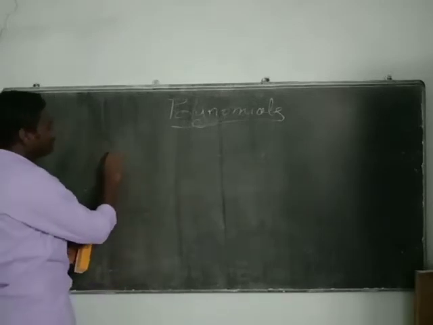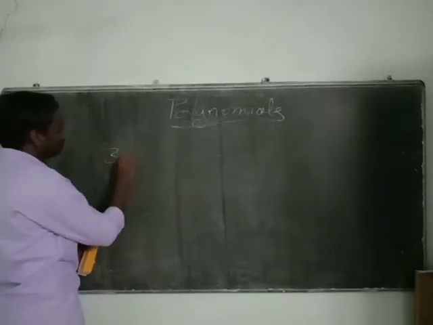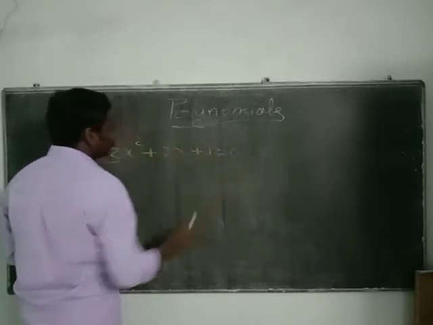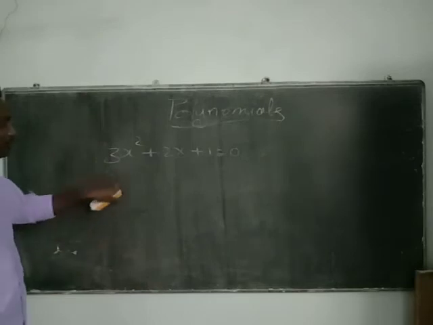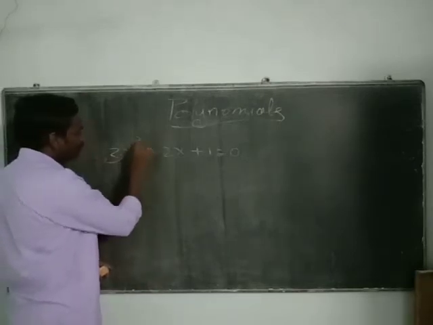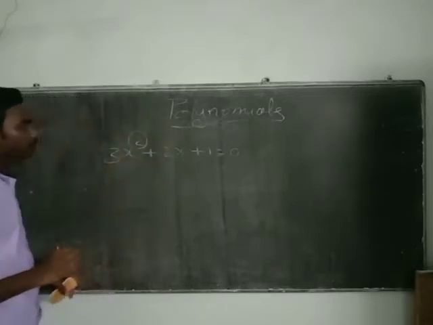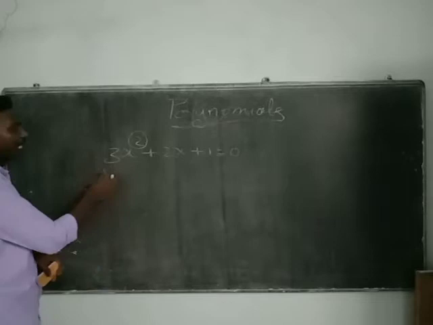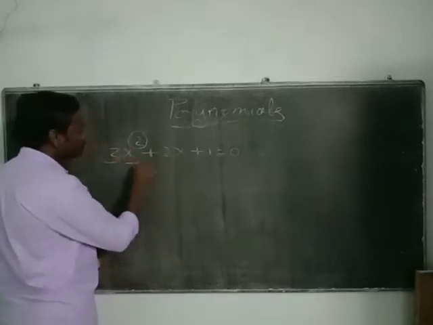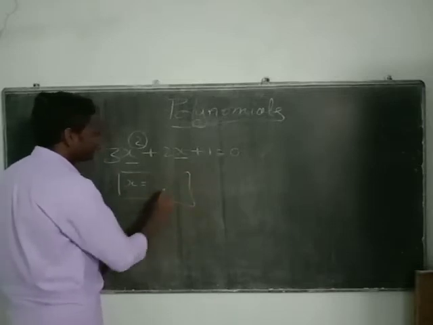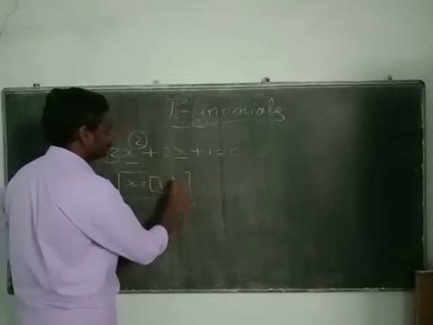If I take an example as 3x square plus 2x plus 1 is equal to 0, remember that if an equation is having a highest degree of 2, then the value of x will be of 2 items. There will be 2 answers.